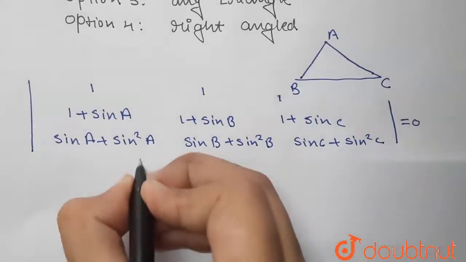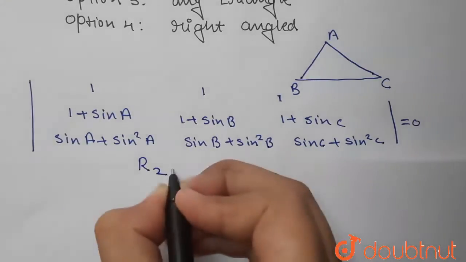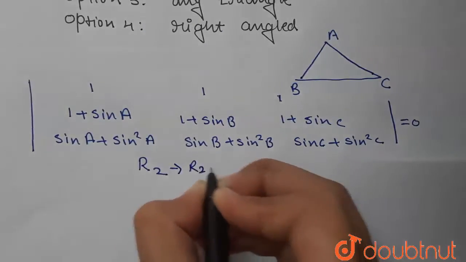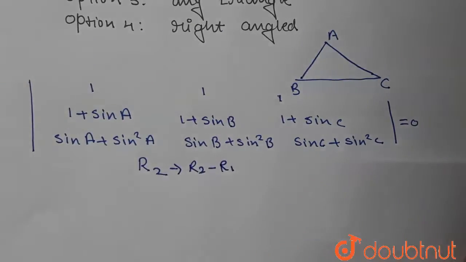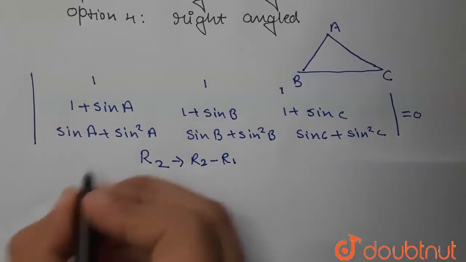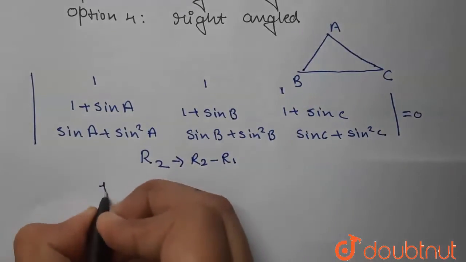So first of all we will do R2 tends to R2 minus R1. So this determinant will become: row 1 will be as it is, so 1.